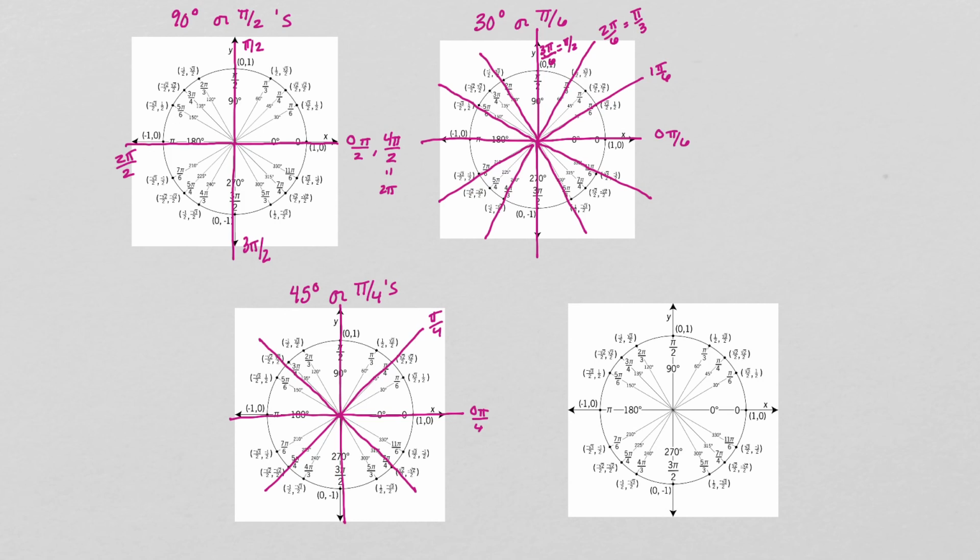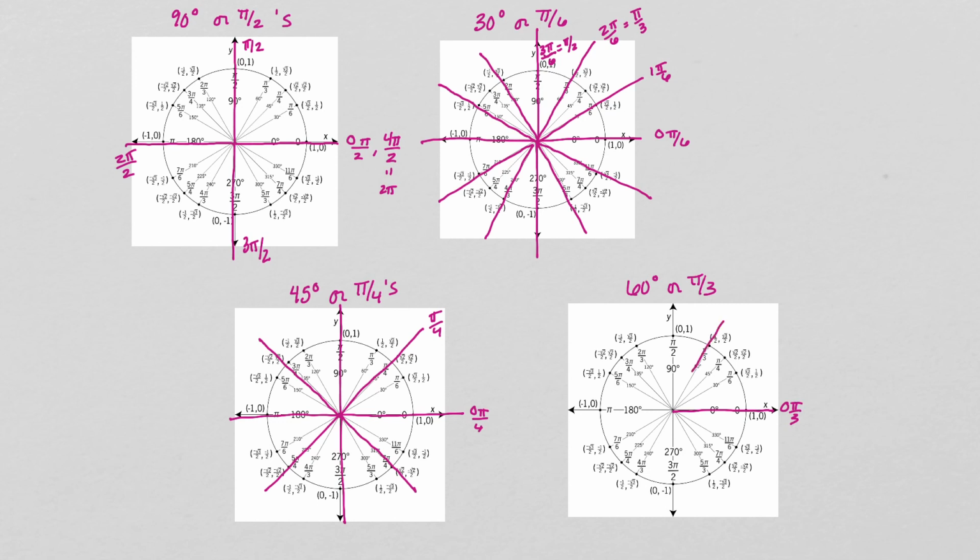Okay, and then I could also do the pi over 3s. I can also do the 60 degrees or pi over 3s. So you've got this, which is 0 pi over 3, right?